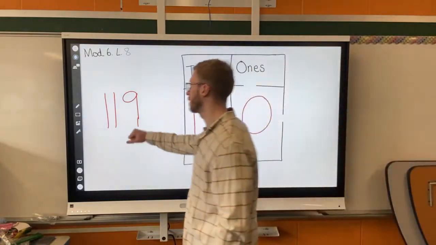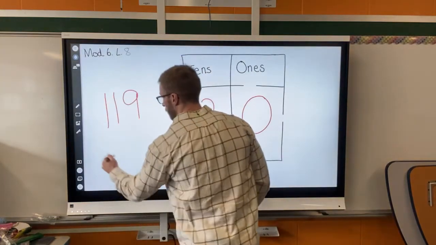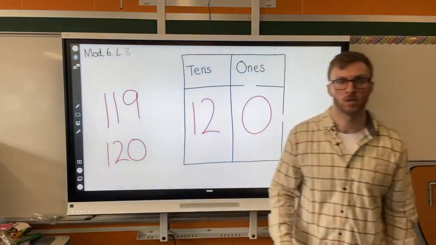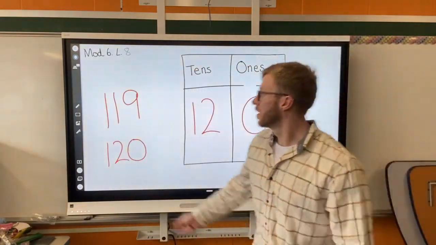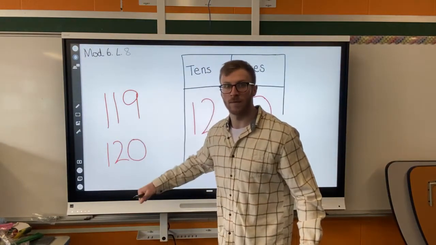So now let's come over here. And after 119, actually I'll leave that up, we have the number 120. We didn't add a group of 100, so our 100s place stays the same.